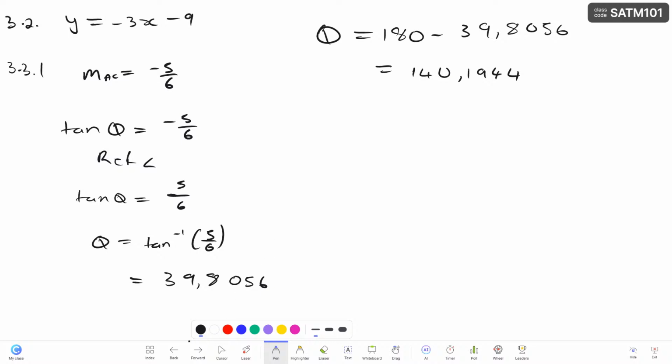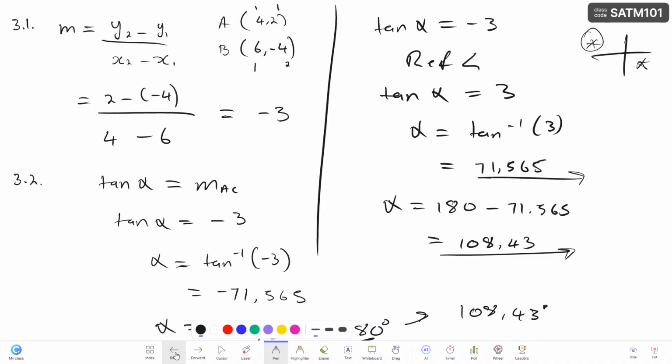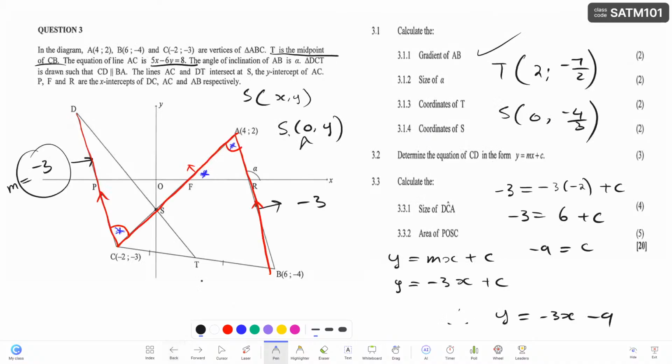Okay, so let's go to our sketch. So 140.1944 is this angle here.